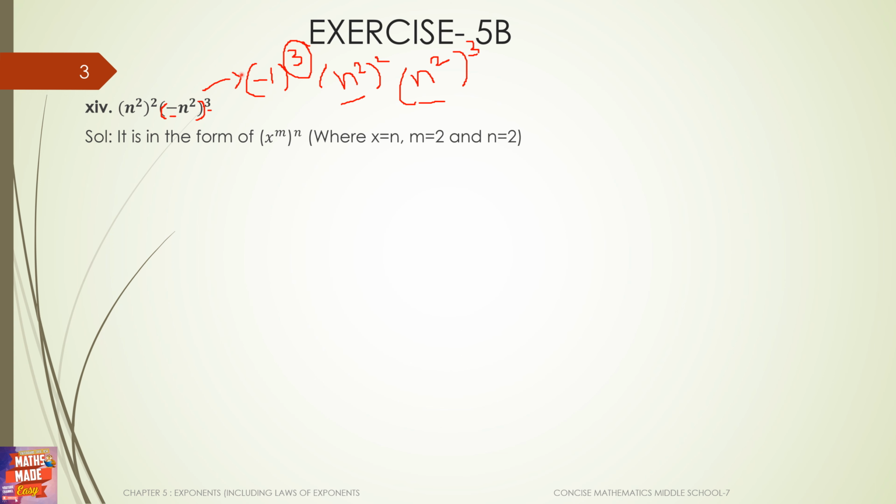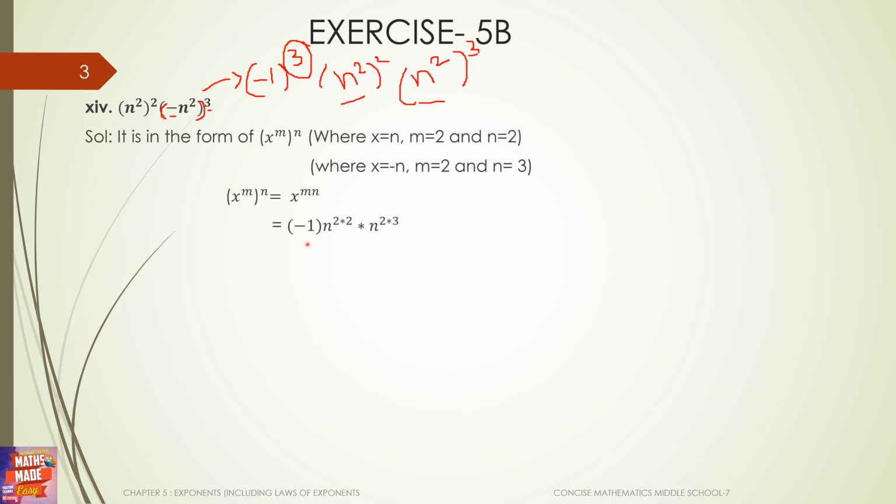That's the reason I have taken this minus 1 outside and made the bases equal. So where x is equal to n, m is equal to 2 and n is equal to 2. Similarly for this, x is equal to n, m is equal to 2 and n is equal to 3. I hope it's clear. Now you can just apply the formula.